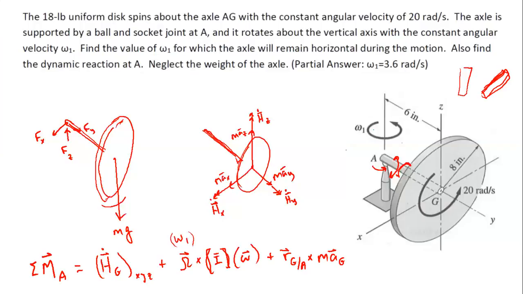Now, how about my H dot G term? Does that change with respect to that XYZ axis? Yeah. Okay, so how does it change? The omega 1 won't affect the 20 radians. It does, but remember, if I'm using only the omega 1, then I don't worry about that alpha dot, because it's really about how the HG changes.